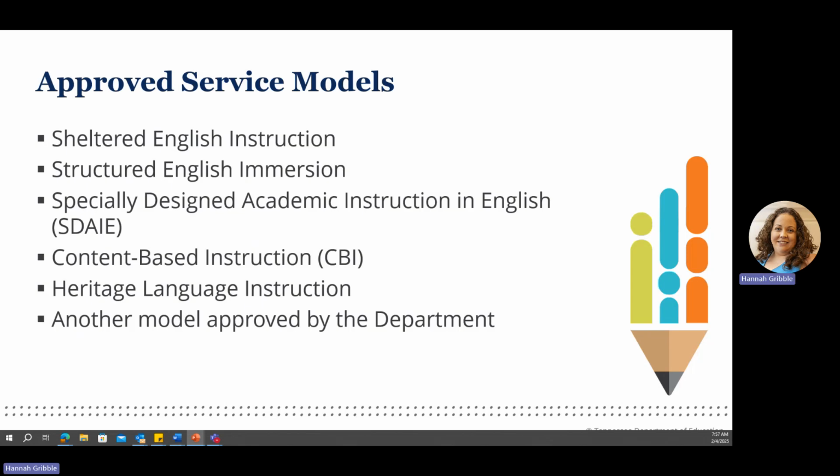The approved service models are sheltered English instruction, structured English immersion, specially designed academic instruction in English, content-based instruction, heritage language instruction, or another model approved by the department.